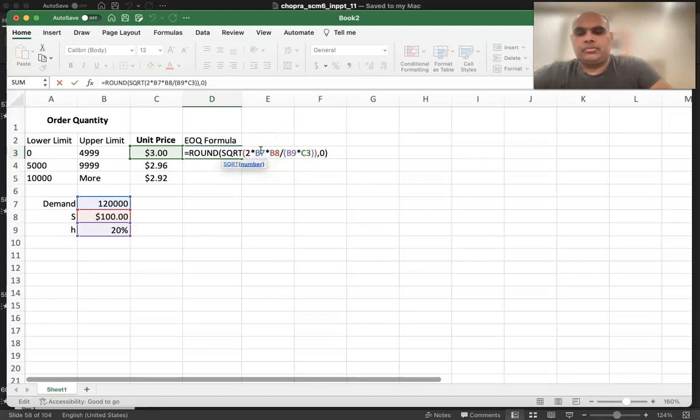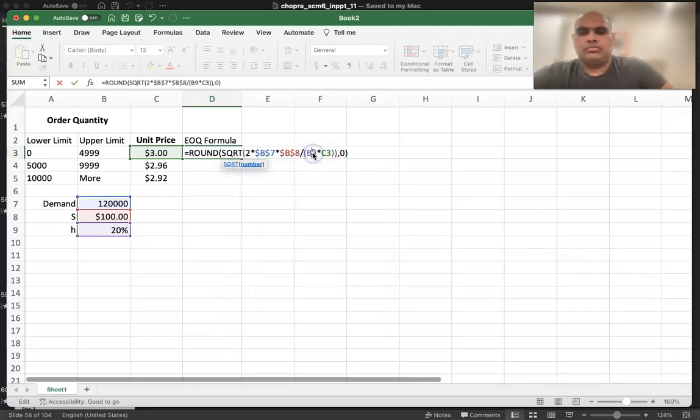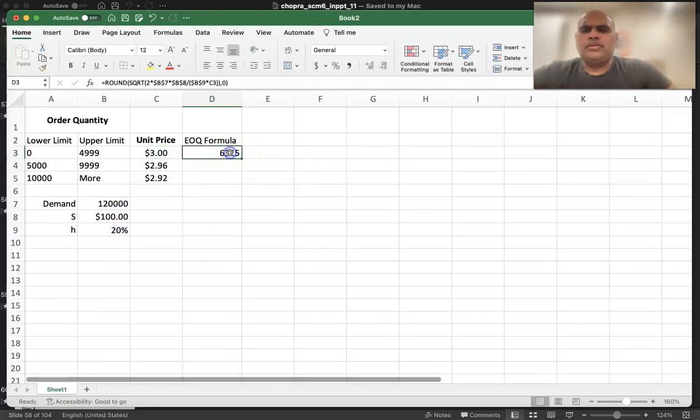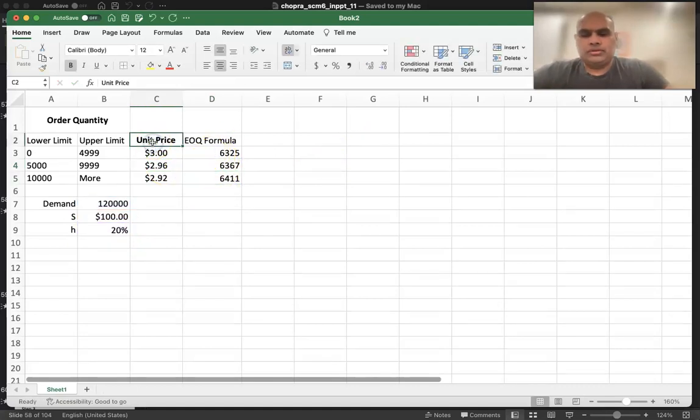I'm going to make them all absolute references. There you go. With that, I can copy the formula down, and I will get the corresponding EOQ values. So 2 times D times S, D and S are the same, 20% is the same. It's the unit price that changes, right? So that's the EOQ formula.